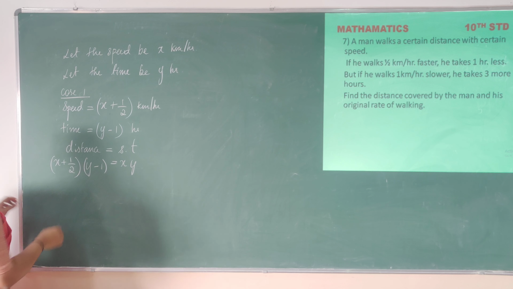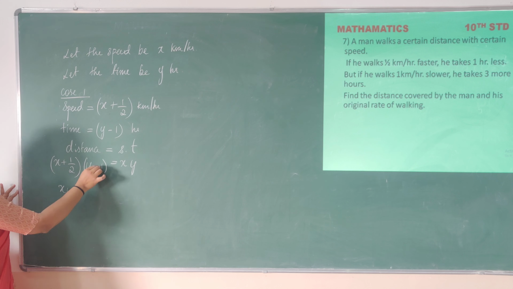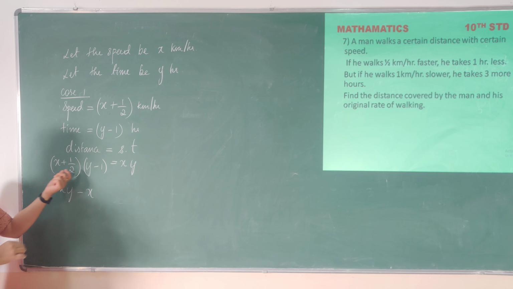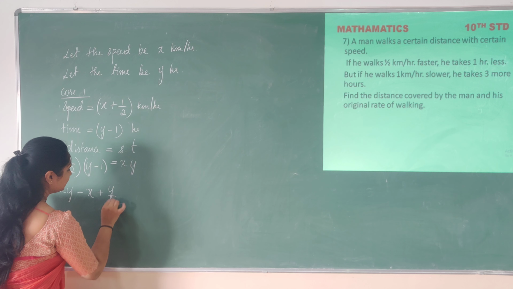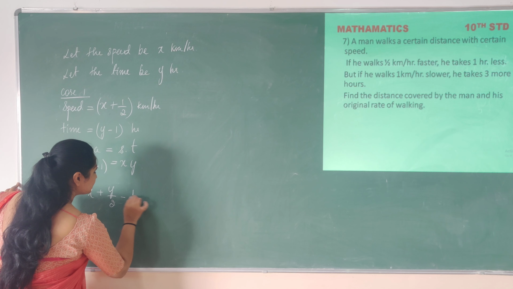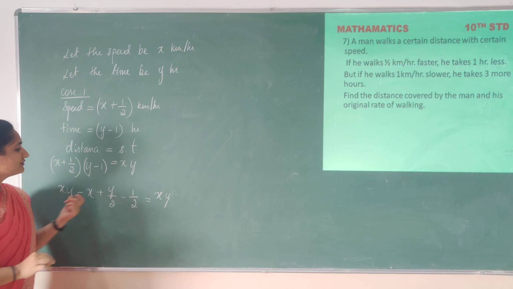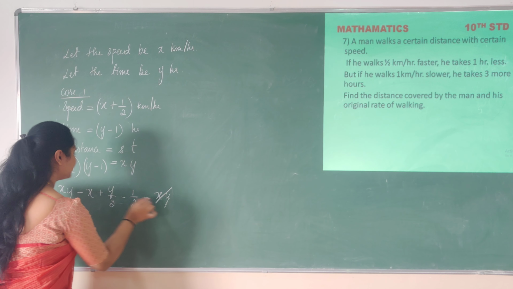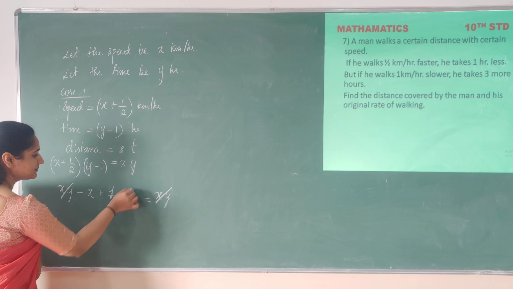We'll simplify this. We will get x into y, minus x into 1, which is minus x, minus 1 by 2 into y, which is y by 2, and 1 by 2 into 1, which is minus 1 by 2, equal to xy. Since we have xy on both the sides, they get cancelled, and we'll send all these things on the right side except minus 1 by 2.